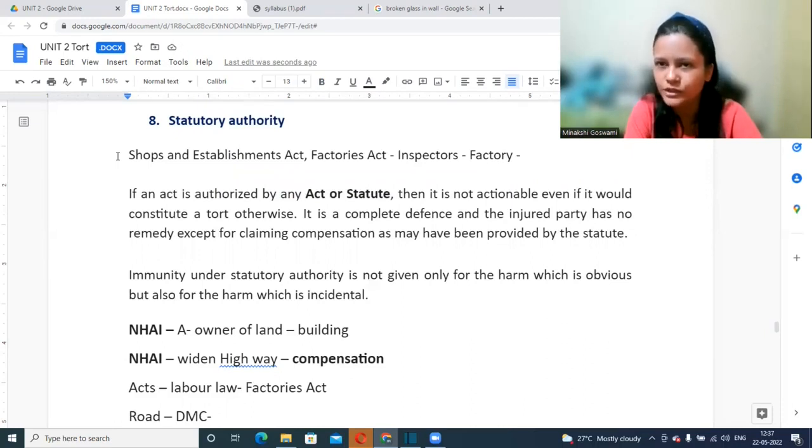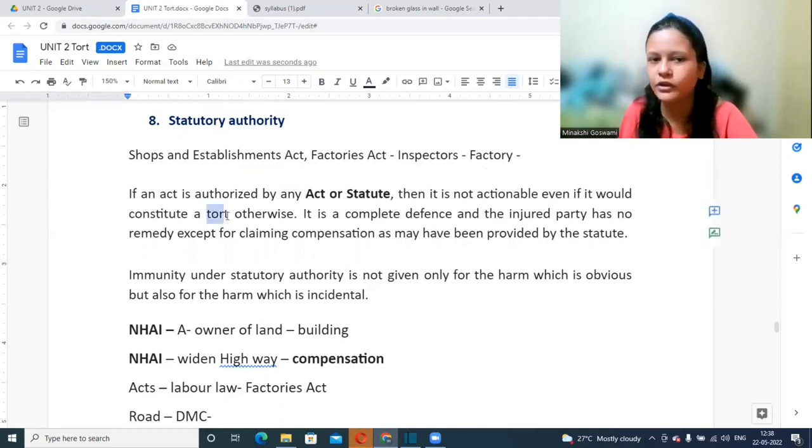Without giving prior notice, they can simply enter and investigate. Otherwise, if a person like you or me enters a factory without permission, we might be held liable for the tort of trespass, right? But this inspector will not be held liable because he has statutory authority. The Factories Act has authorized him to enter and do the investigation, because we want all the factories to follow the guidelines.